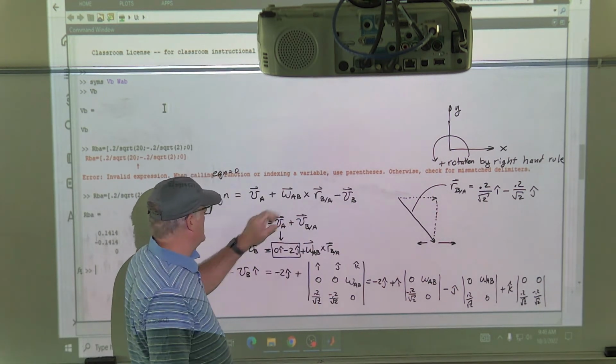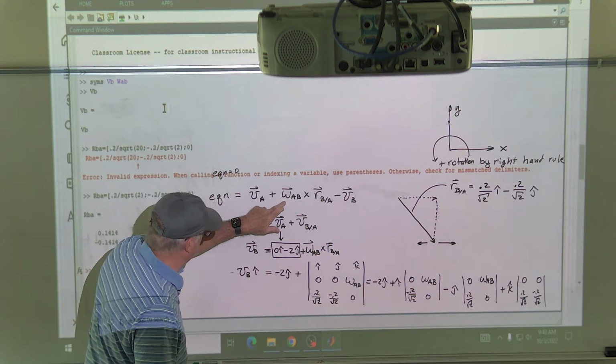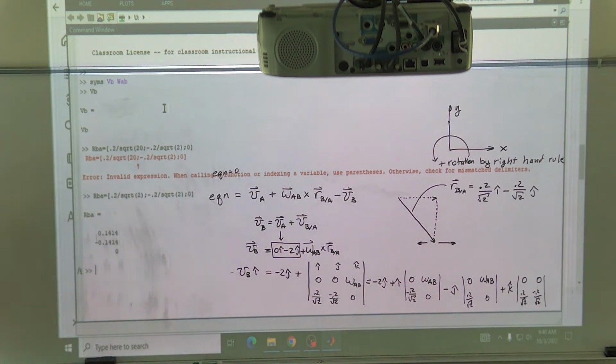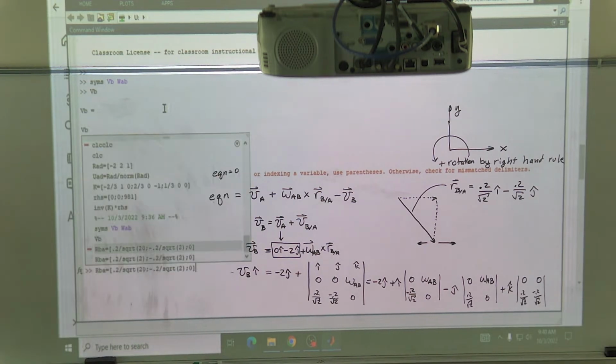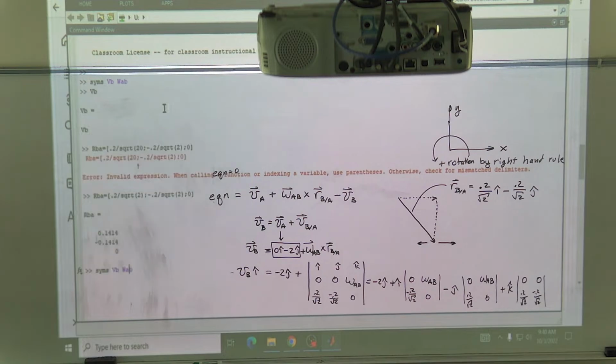Now I don't know omega, but I'm going to make this into a vector. Before, I made it a symbol, and I think I'm going to lowercase it. And then I'm going to say my omega AB is equal to nothing, nothing, and omega AB.